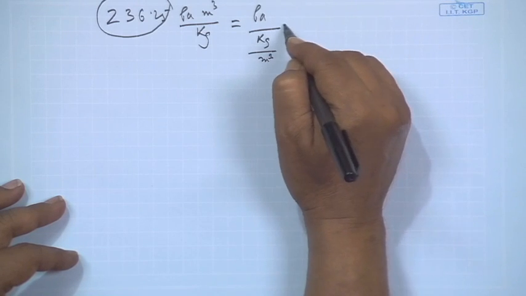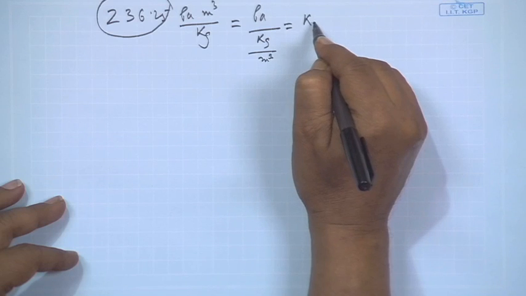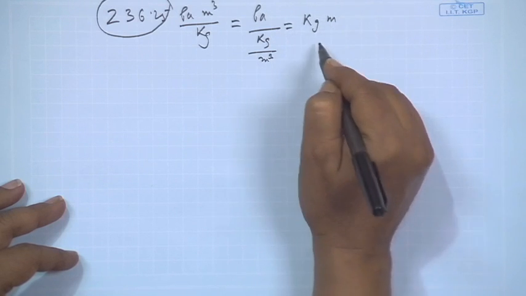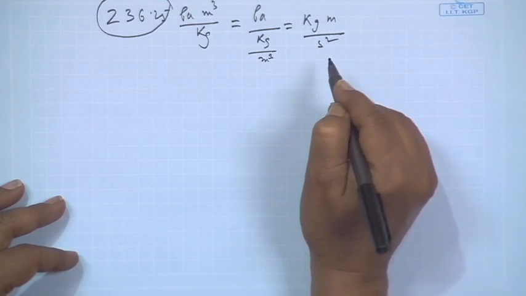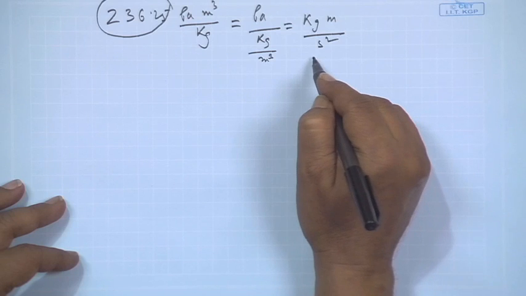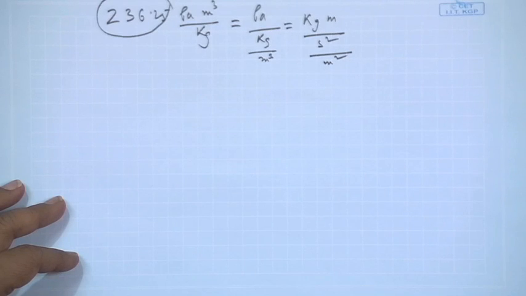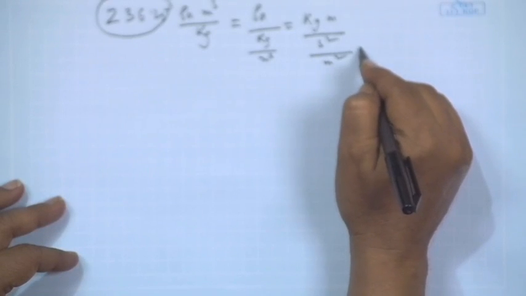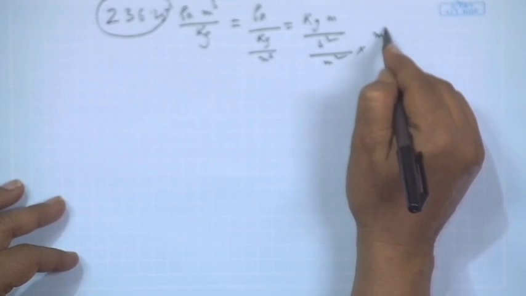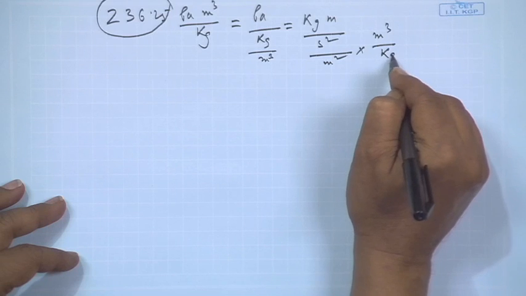Pascal is equal to kg meter per second square per unit meter square, right, times meter cube per kg.